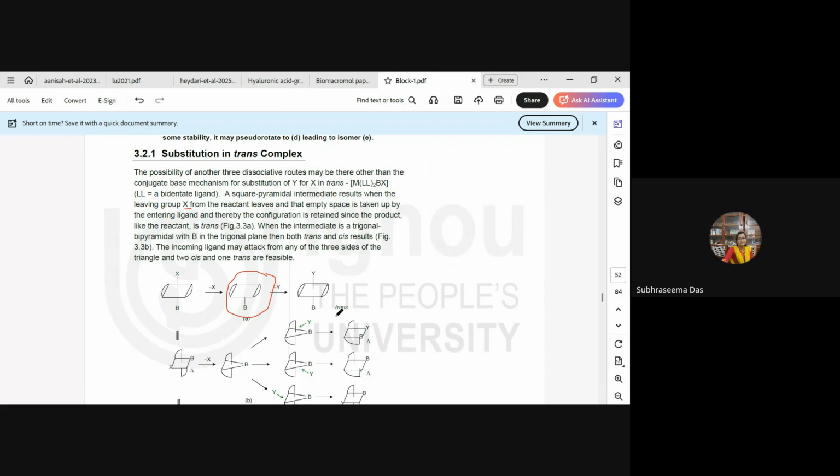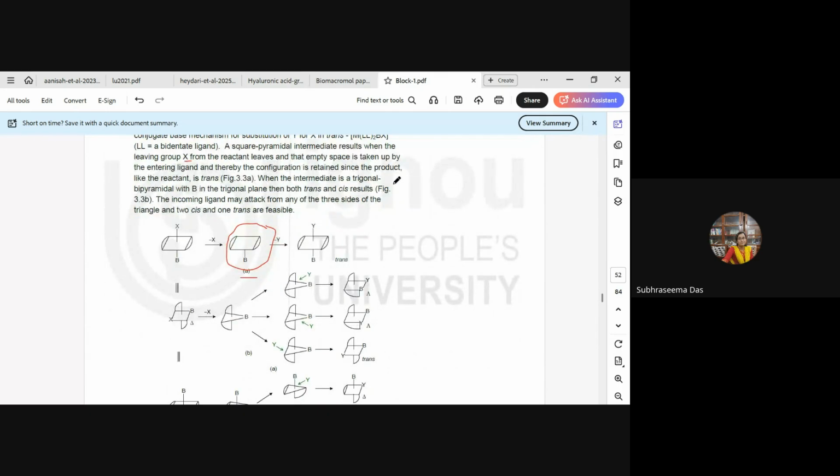That is, if we started with a cis product, we will end up with a cis product, and if we started with a trans product, the product obtained will also be trans. The first figure illustrates this mechanism.